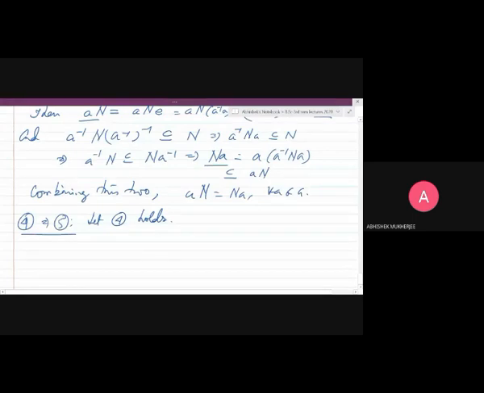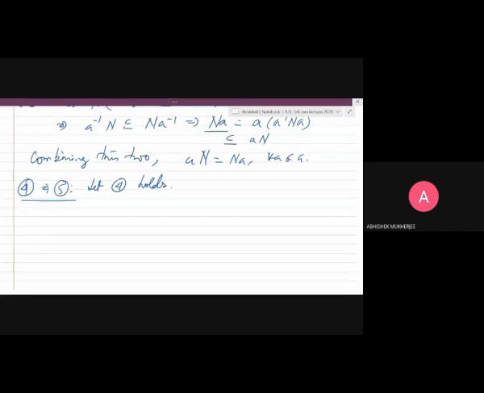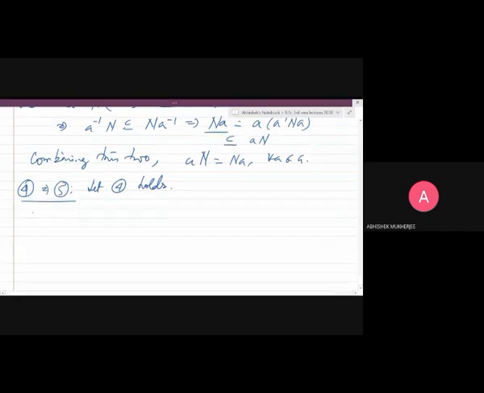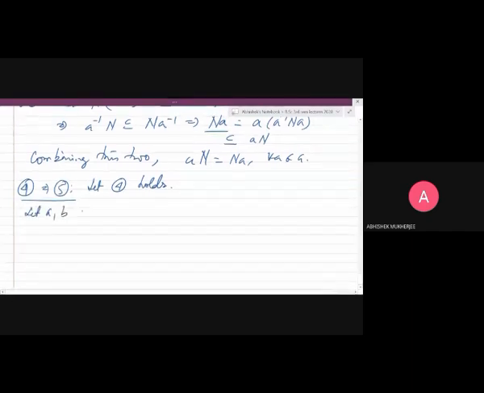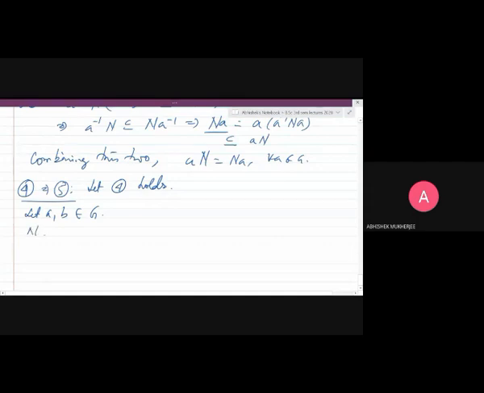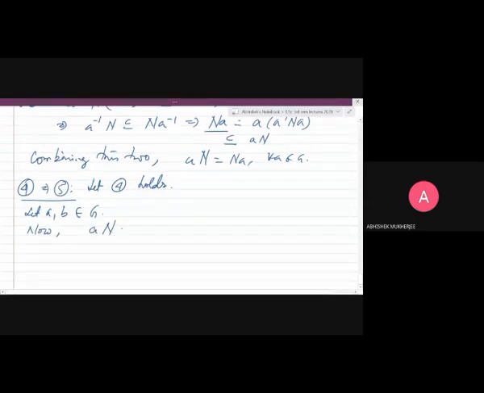So let a, b belong to G. Now aN bN, what is that? That can be written as a N b N.